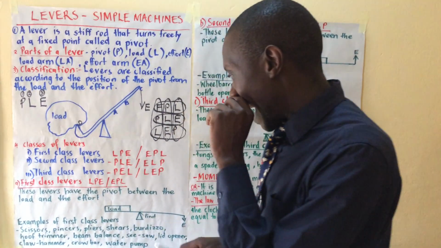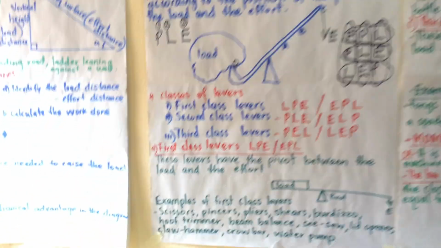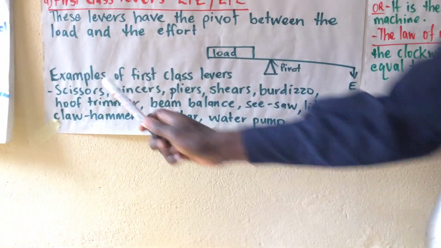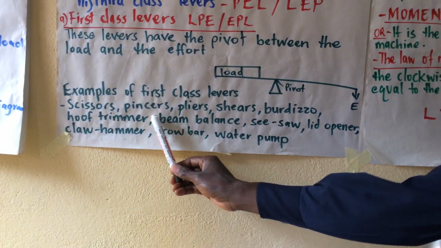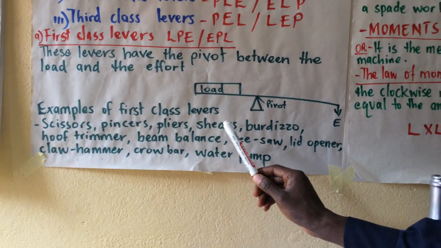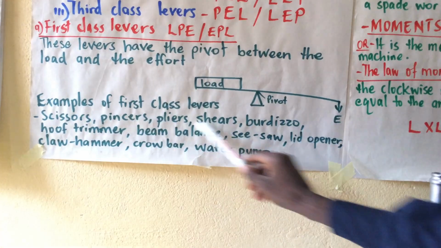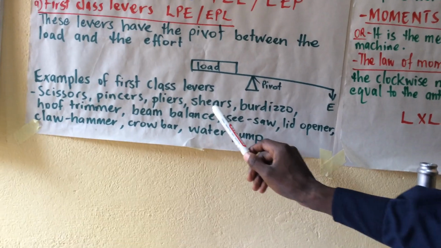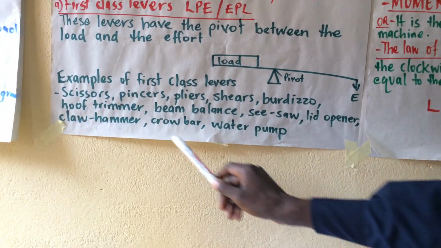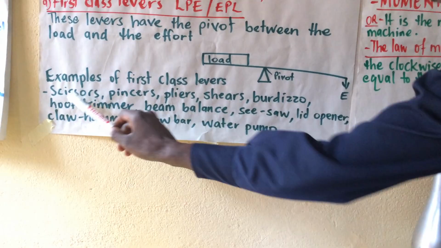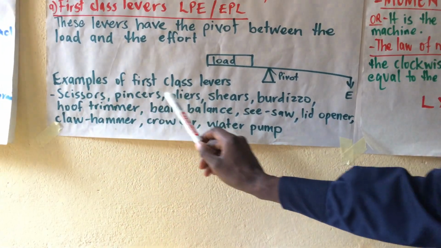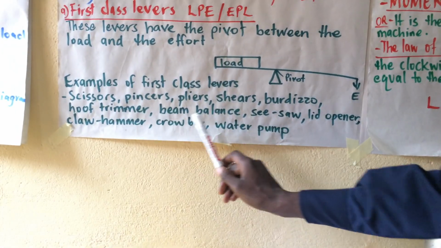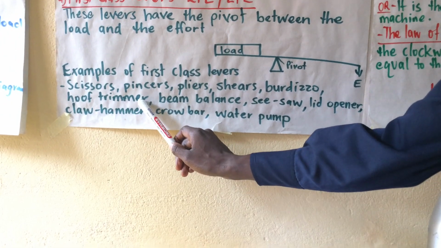When I was listing, I listed the ones which work like scissors, beginning with the scissors themselves, then pincers, then pliers, a pair of shears. These are paired devices. Shears, badizo, hoof trimmer, up to hoof trimmer.